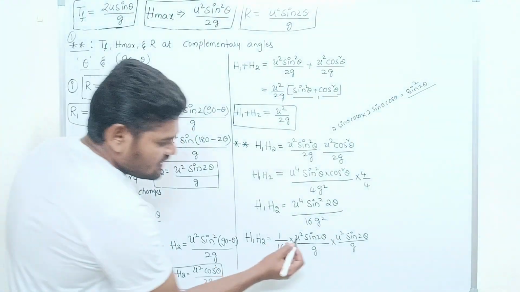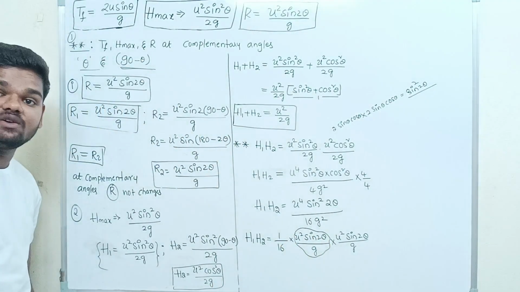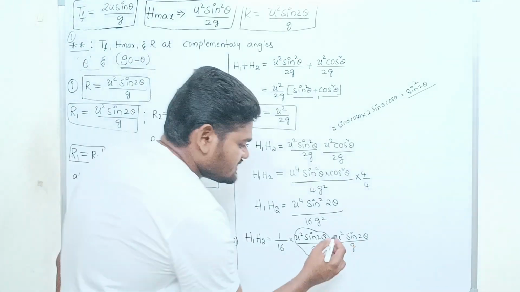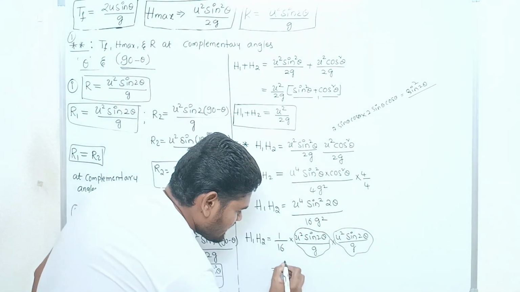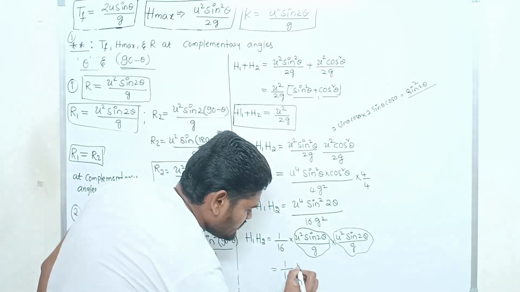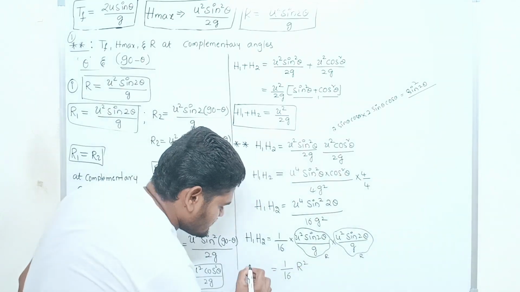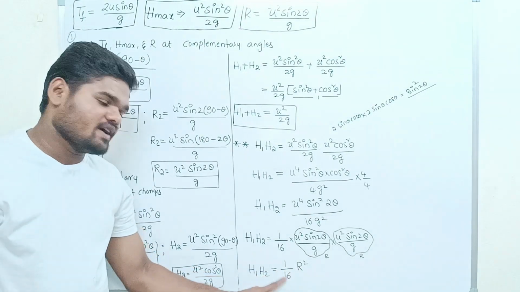That's it. u square sin 2 theta by g, which formula is it? It is the formula for range. Again this is also the formula for range. So you will get 1 by 16 into range into range, R into R, R square. So H1 into H2 is equal to R square by 16.